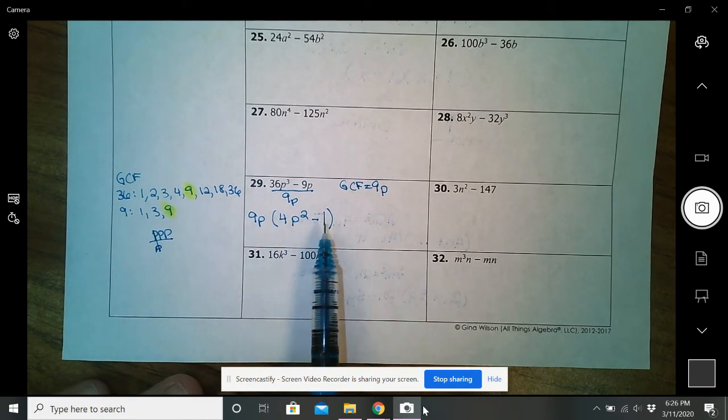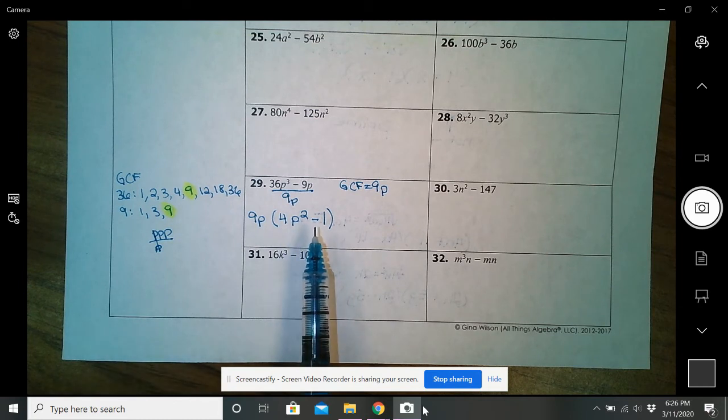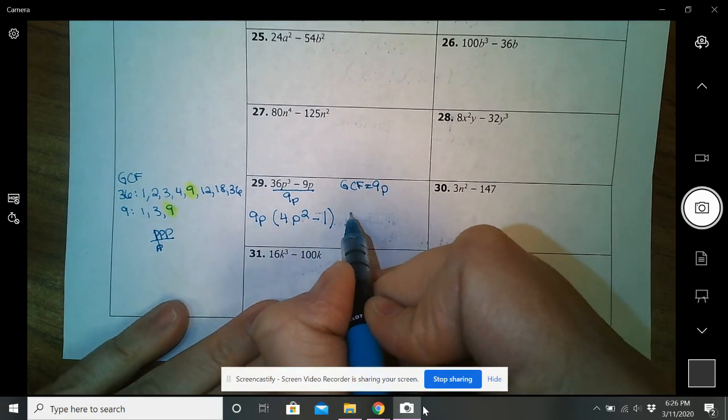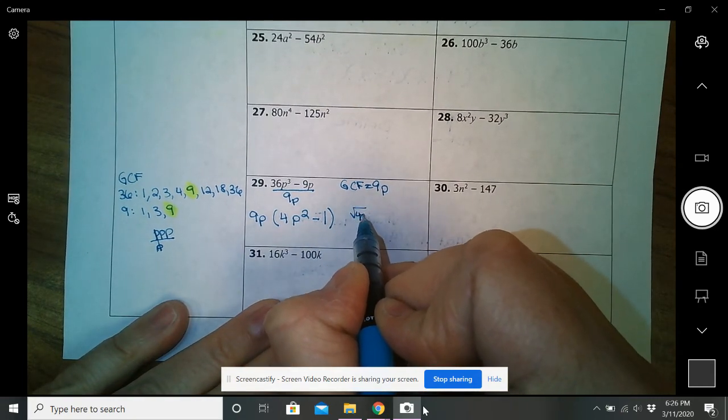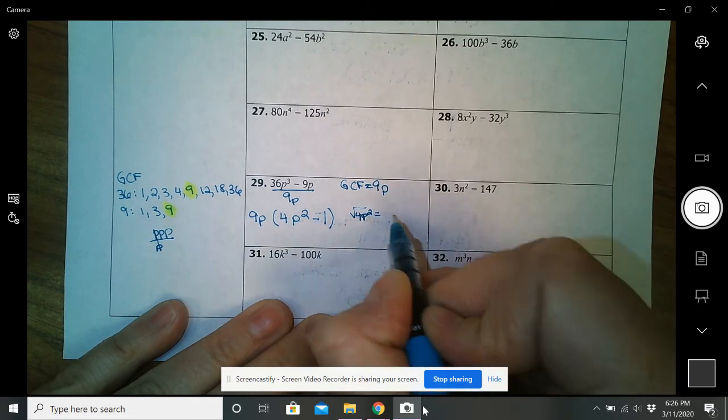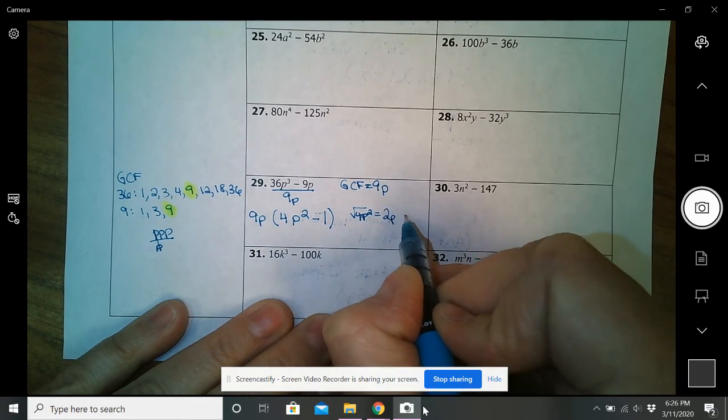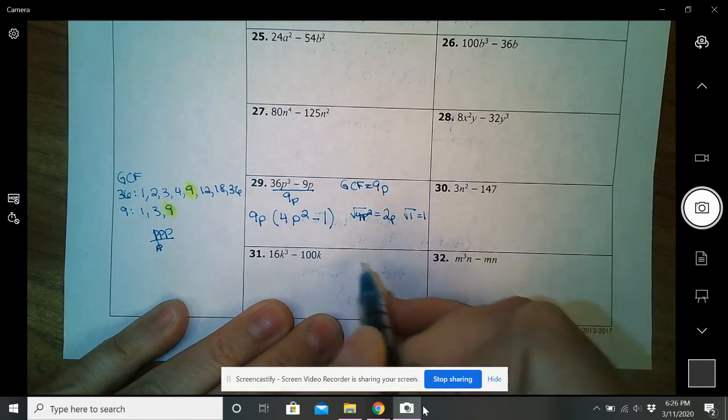Now check out what's in parentheses. That is a difference of squares. It's got a minus sign, and the first term is squared and the second term is squared. So I take my square roots and I'm done. The square root of 4 is 2, and the square root of 1 is 1.